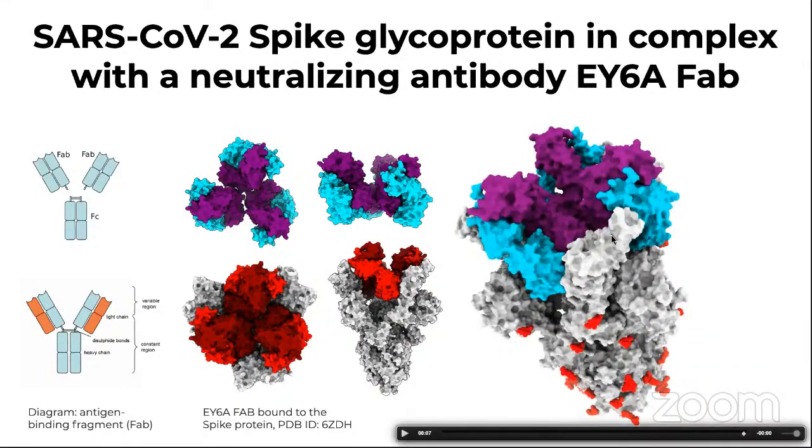I think this is why it's so important for us to link the mutation data and the sequencing data with the structural component, because we can really understand how these interact. It's really nice to have such models. This particular antibody is called EY6A. It was retrieved from an individual convalescing from COVID-19.